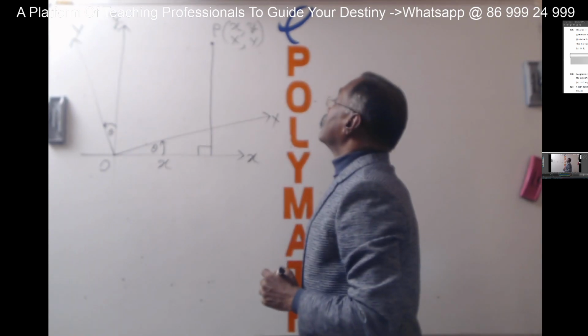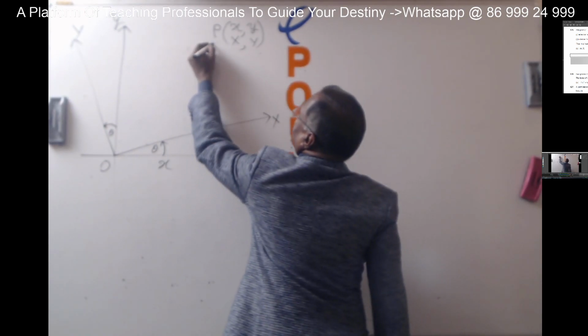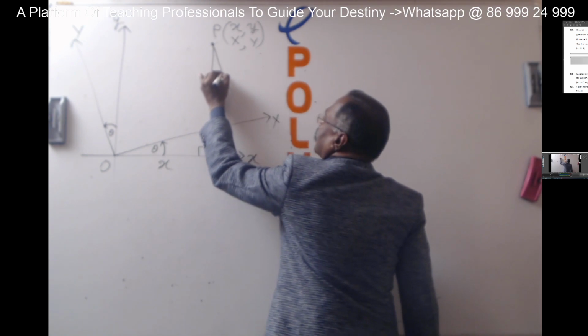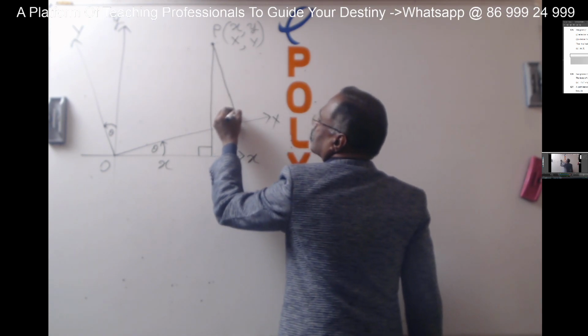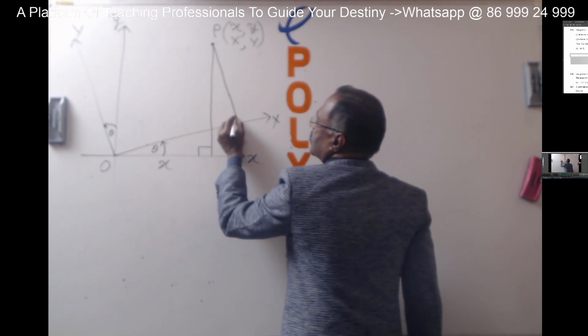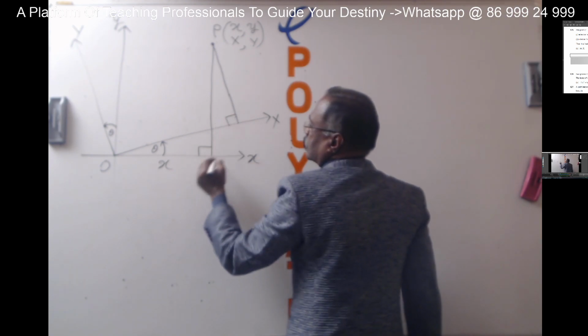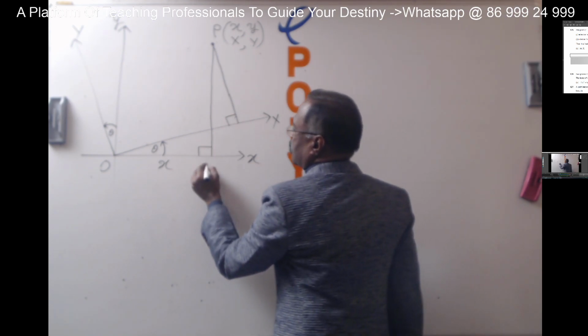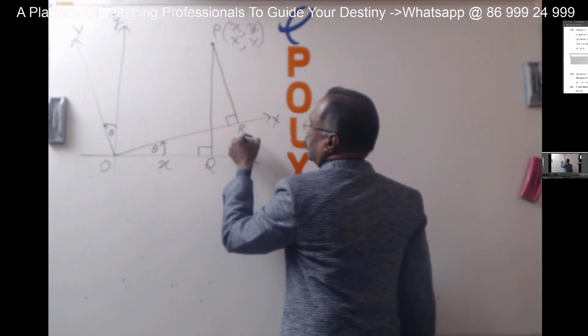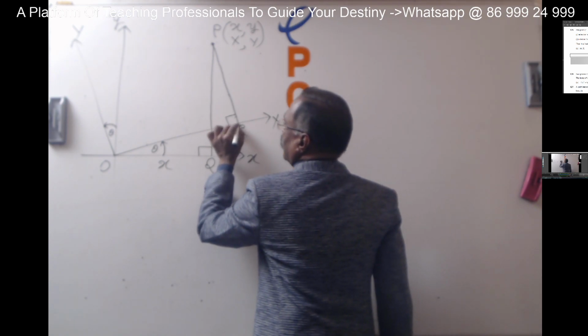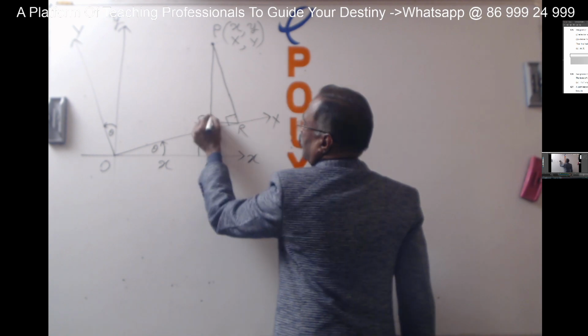Now let me drop another perpendicular onto the new axis from P. This is a perpendicular. Let me name this PQ, R, and let me drop another perpendicular. Yes, this is also 90 degrees.